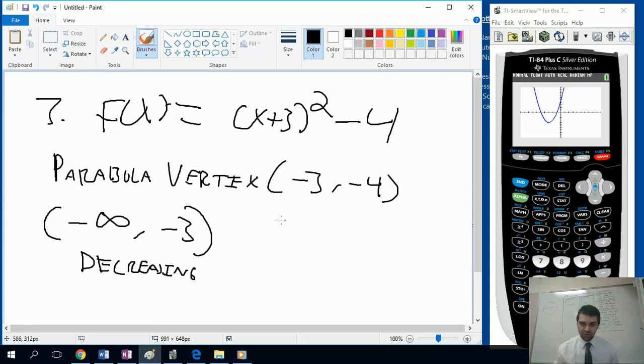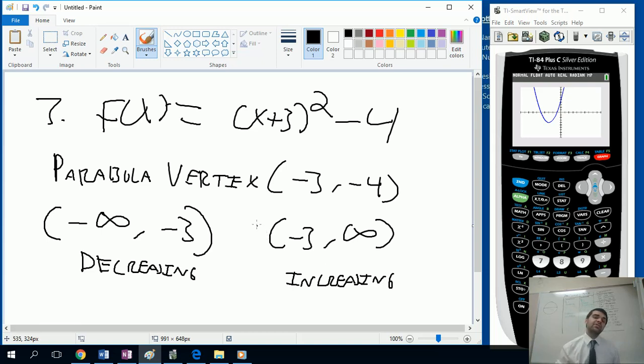And on the interval from -3 to positive infinity, it's going to be increasing. And at -3, it's going to be neither increasing nor decreasing.